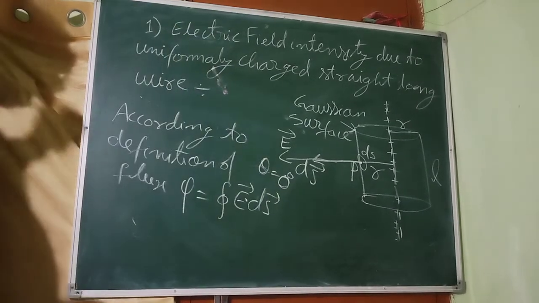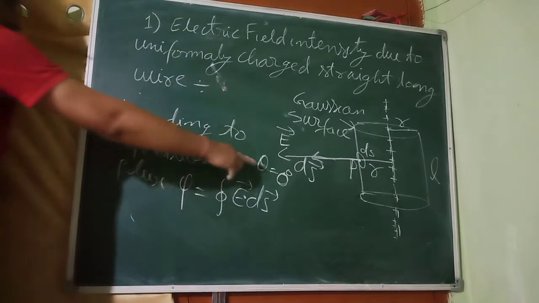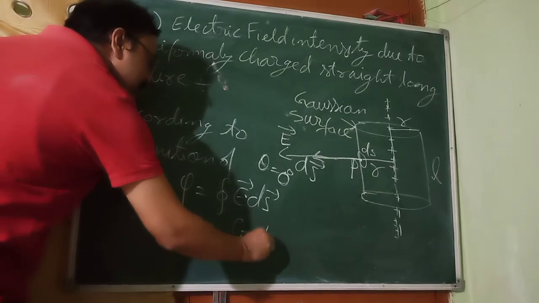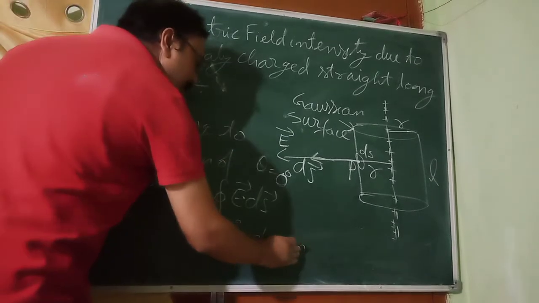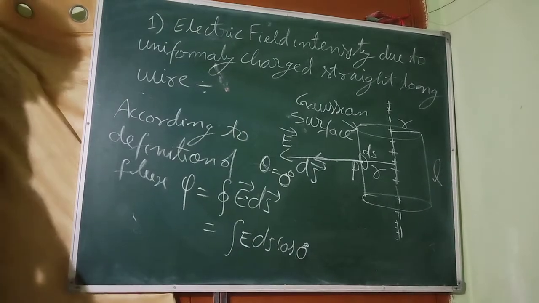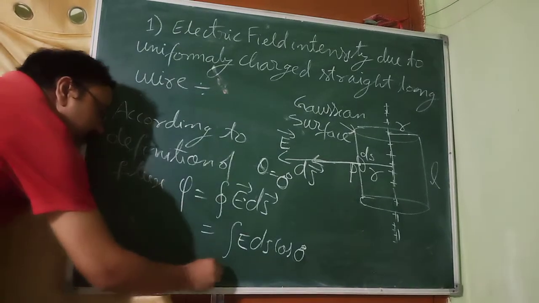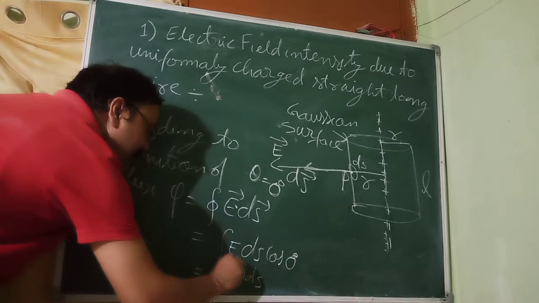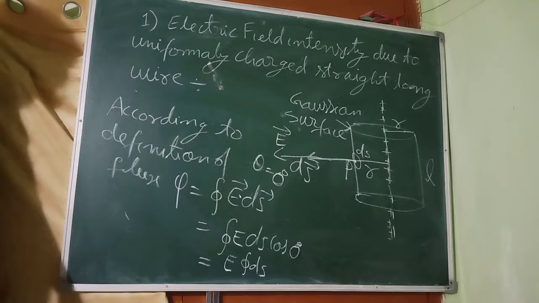Here theta is 0 degrees, so we can write E ds cos 0 degrees. The value of cos 0 is 1. So we are left with E, a constant which we can take out, and only ds remains inside the integral. ds means the whole surface area of this cylinder.